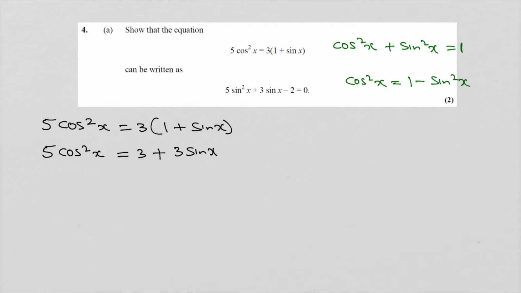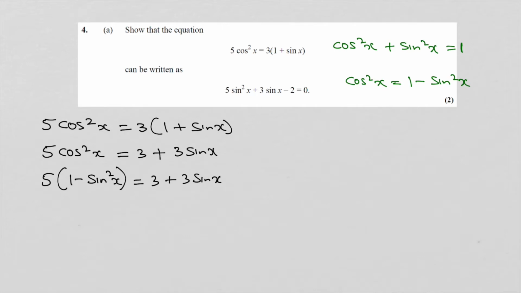I chose cos squared x because I've got cos squared x here and I've got sine x here, so it's best to have sine squared x with sine x. So I'm going to replace cos squared x here. Get 5 open bracket 1 minus sine squared x equals 3 plus 3 sine x.